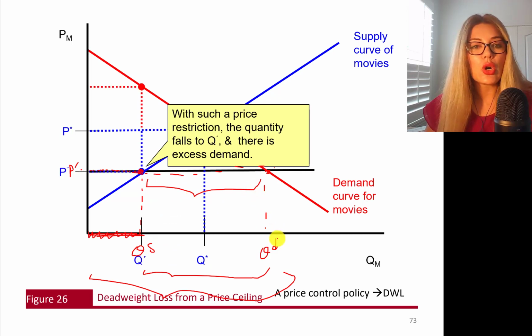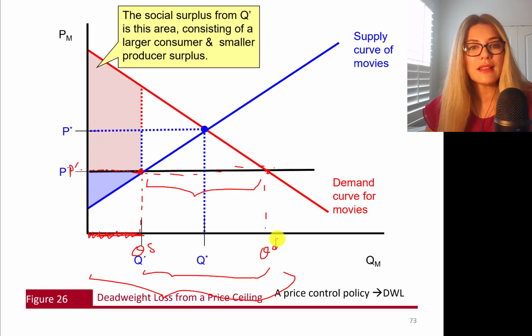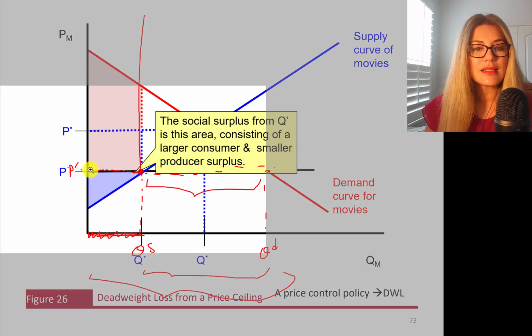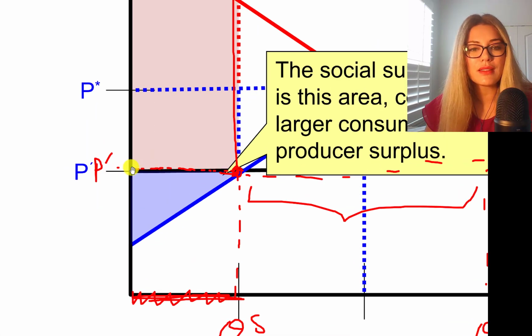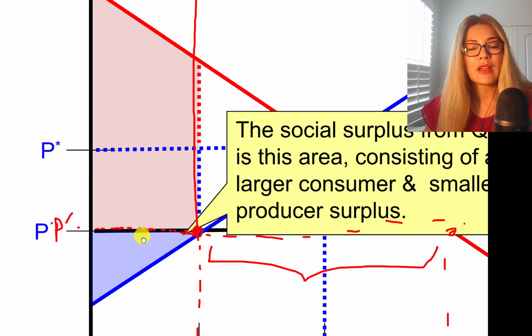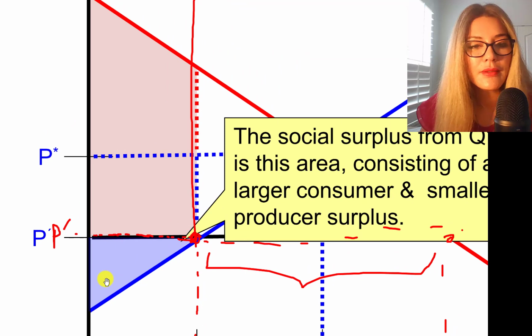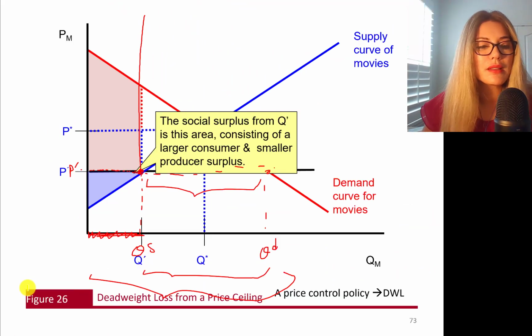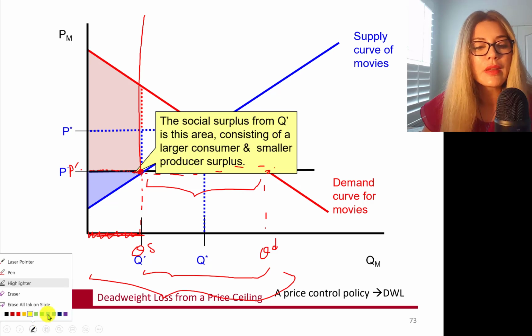Because this is the quantity consumed, and this is really important, and this is my price level, how do I find the consumer surplus and producer surplus? Let me show you, very easy.